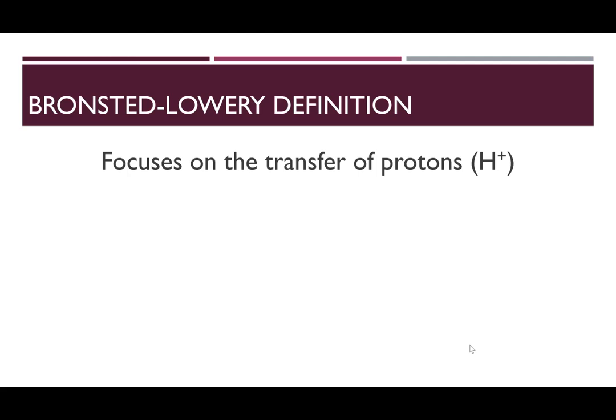So the Bronsted-Lowry definition focuses on the transfer of a hydrogen ion during some sort of chemical reaction. Very often, chemists will refer to hydrogen ions as the transfer of a proton. So you'll hear words like proton donor, proton acceptor.